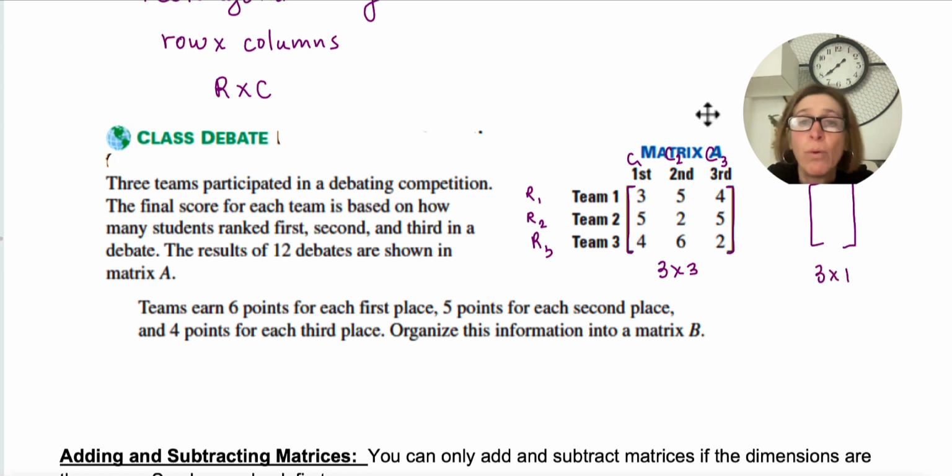I certainly could make a 1 by 3, but I'm going to make 3 rows: first place, second place, and third place. And then I'm going to make this points. First place would be 6 points, second place 5 points, and third place 4 points. There is a reason that I made it a 3 by 1 and not a 1 by 3, and we're going to get to that in just a few minutes.